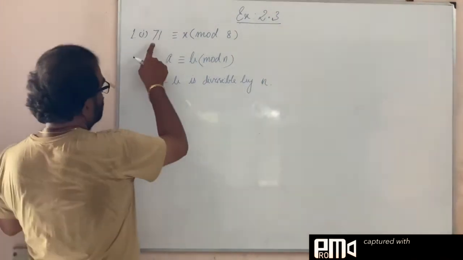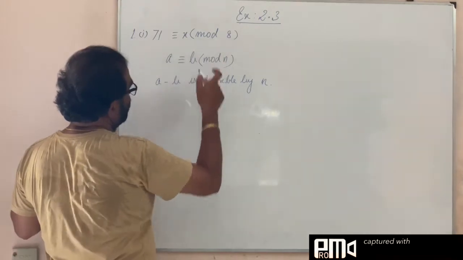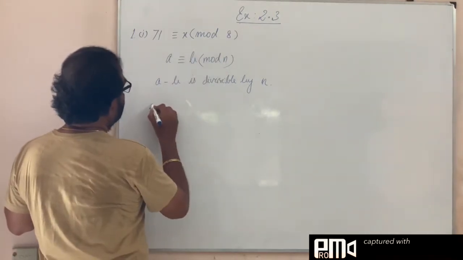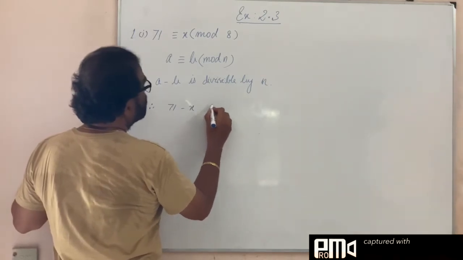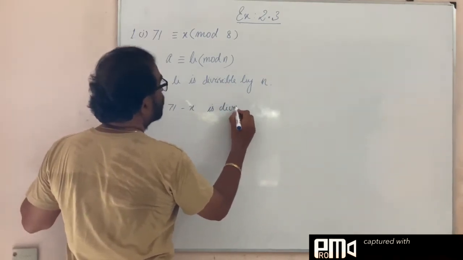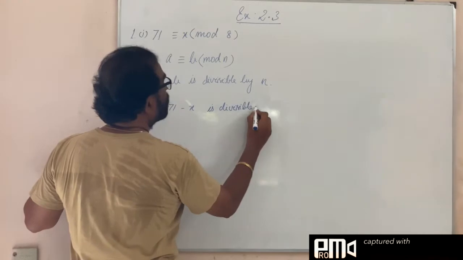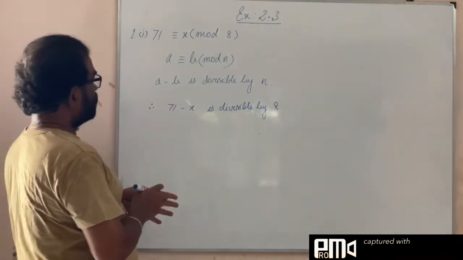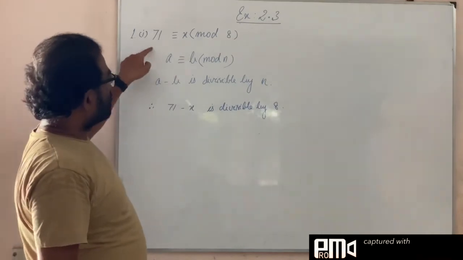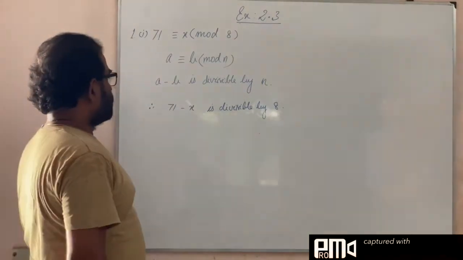Now we apply this. 71 is congruent to x mod 8. This means, therefore, that 71 minus x is divisible by 8.